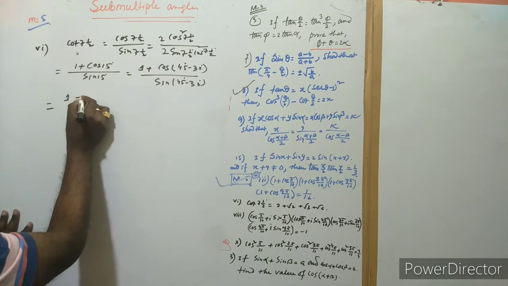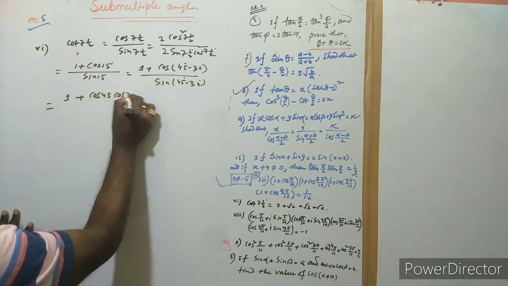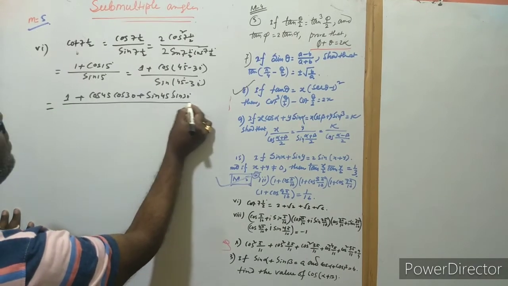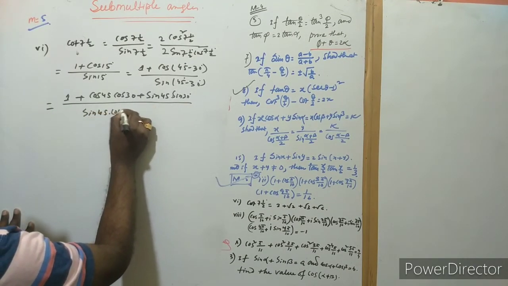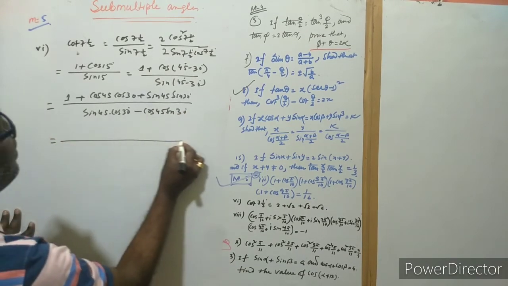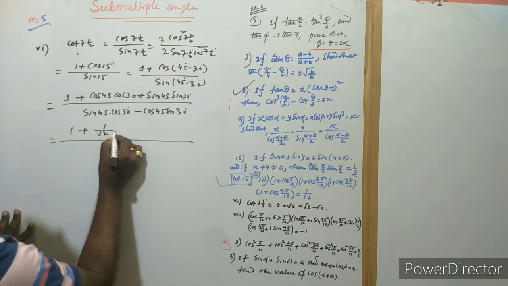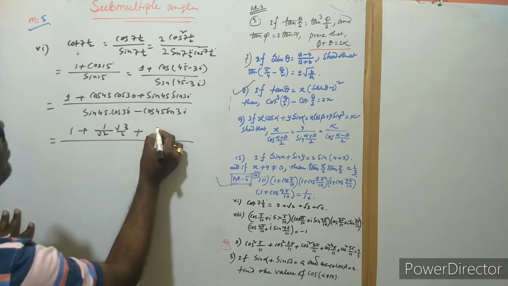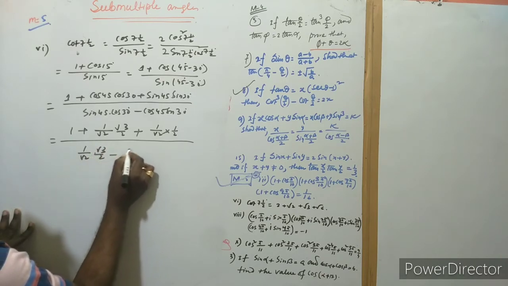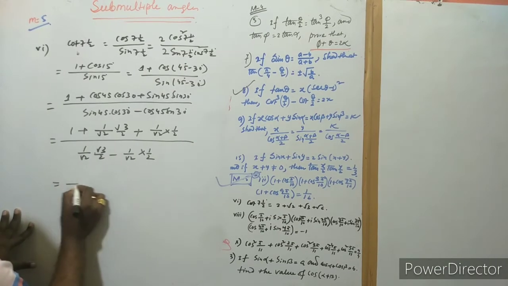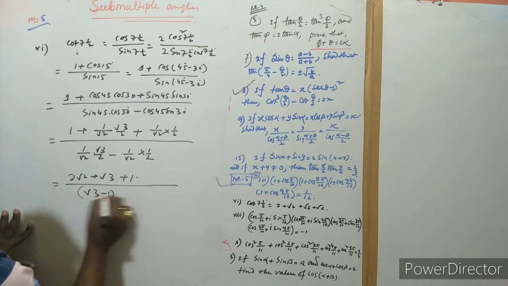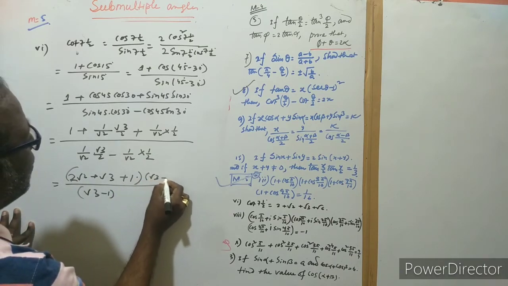See the solution here. Cos 45 cos 30 plus sin 45 sin 30, and sine 45 cos 30 minus cos 45 sin 30. So 1 plus 1 by root 2 times cos 30, which is root 3 by 2, plus 1 by root 2 times sine 30, which is half, over 1 by root 2 times root 3 by 2 minus 1 by root 2 times half. Taking the LCM, 2 root 2, we get (root 3 plus 1) and (root 3 minus 1), then multiply by (root 3 plus 1).